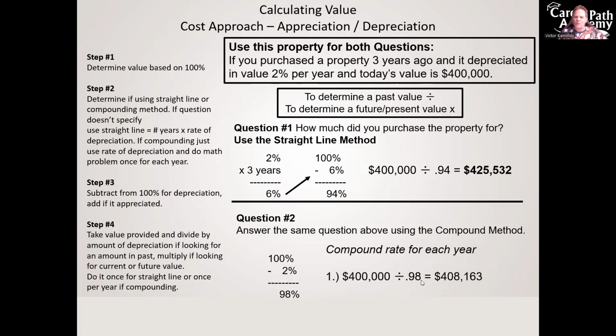So you're dividing it by 0.98. And we're going to do this math problem once for each year. So this is 1 year ago. Now we take that figure divided by 0.98. This was 2 years ago. Now we take that figure divided by 0.98, and that's your answer. So that's how you calculate it using the straight line method and the compound method.